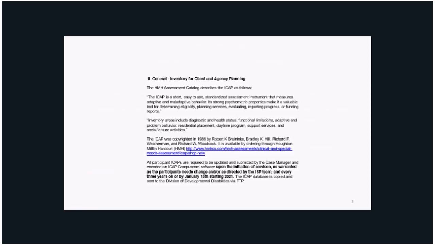All right, I'm going to tell you a little bit about the Inventory for Client and Agency Planning, or ICAP. It is an assessment that is short and easy to complete, and the nice thing about it is that anyone can complete it. It comes hand in hand with a software program called the ICAP CompuScore software, and when the ICAP assessment tool is completed, it is entered into that CompuScore program, and that's the way to have data from your ICAPs.